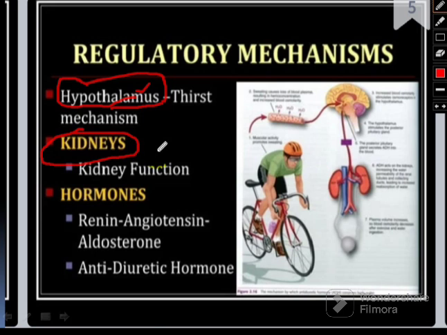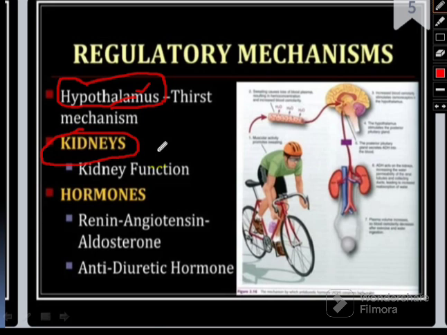Whenever you go to urinate and you observe that the volume of your urine is very small, it means that your body water content is low and the kidney is helping you to conserve water by reducing the volume of water that is excreted to the exterior. So it plays a significant role in the regulatory mechanism of water content of body fluid.